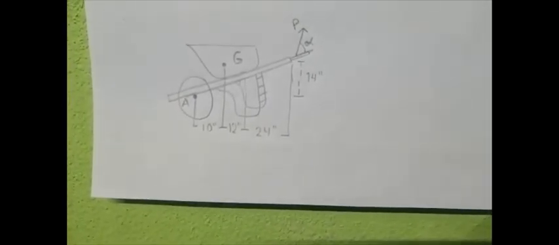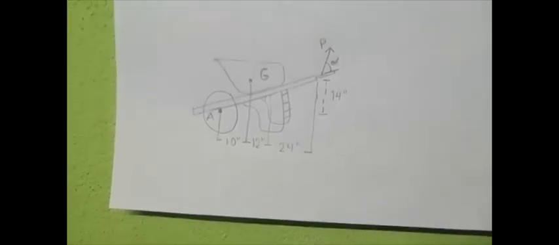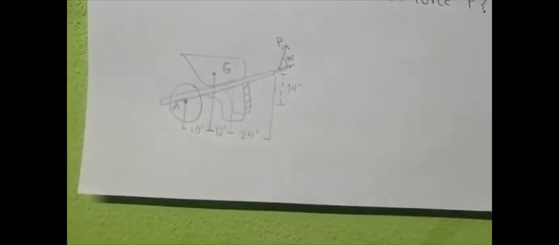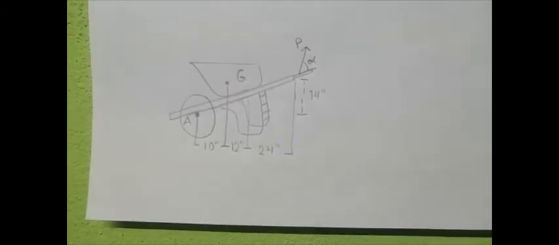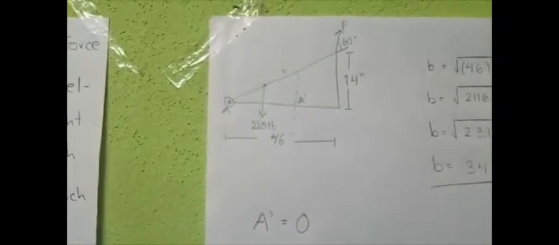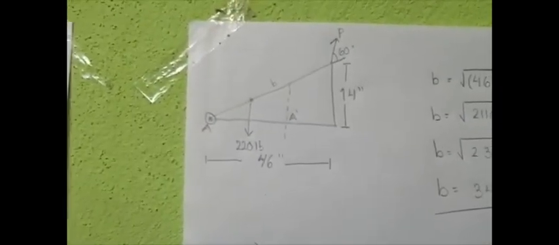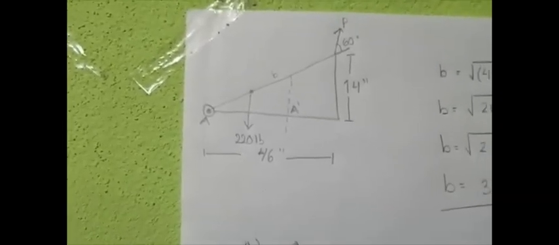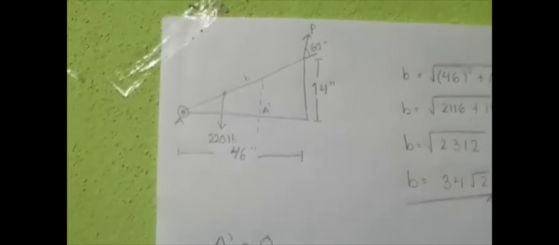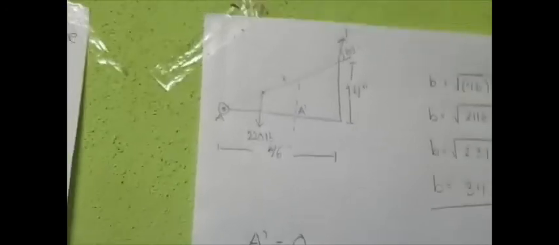It's important to say that this picture of this triangle is in reference to point A. Now letter P is the force that the person is exerting on the wheelbarrow, and that force is inclined, the inclination given by 60 degrees. The weight of the mass at a certain point is given as 200 pounds.